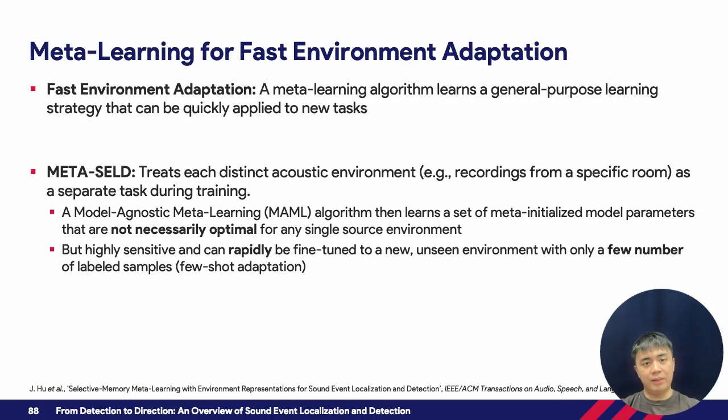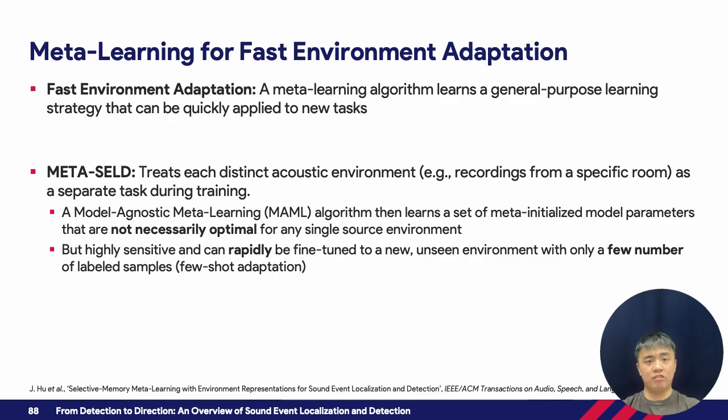Now, one paradigm for this is meta-learning, or learning to learn. Instead of training a model to be good at one specific environment, a meta-learning algorithm learns a general-purpose strategy for adapting quickly. The meta-SELD framework is a great example. It treats each distinct acoustic environment in the training set as a separate task.